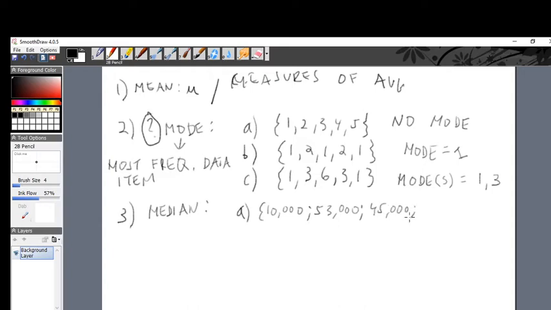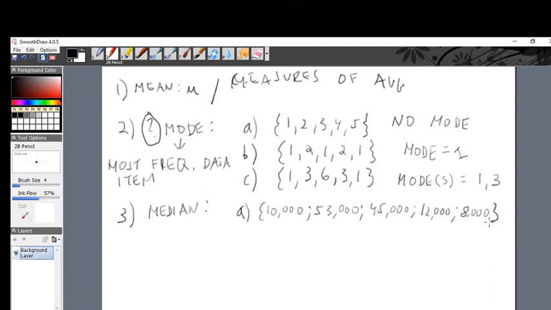The fourth data item is, let's say, 12,000. And the fifth data item is 8,000. And that's it. There's a total of 5: 1, 2, 3, 4, 5.